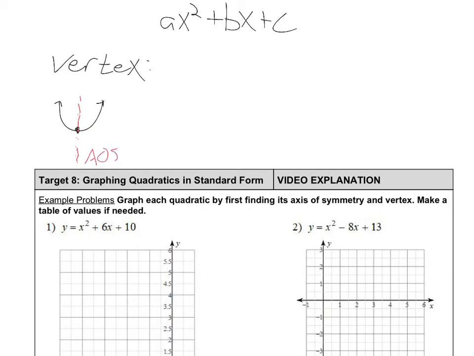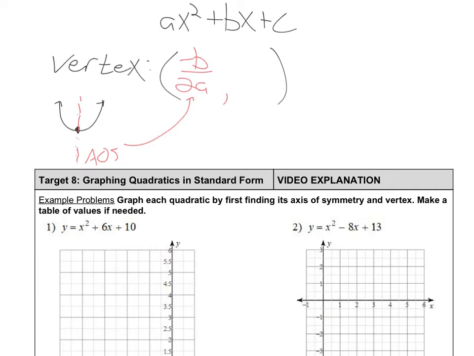So when we find the vertex, the x value of the vertex is going to be whatever the axis of symmetry's value was. So if we can find the axis of symmetry value, we're basically getting half of the vertex. Well, the formula to do that is x equals the opposite of b divided by 2a.